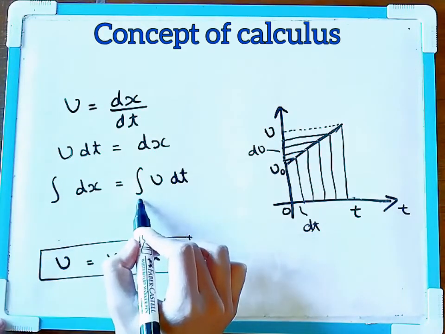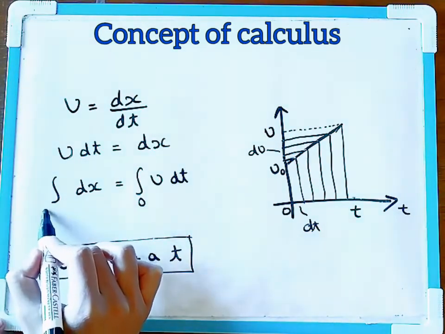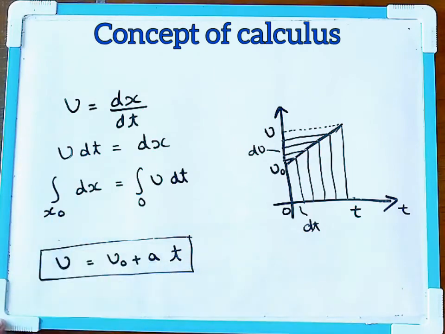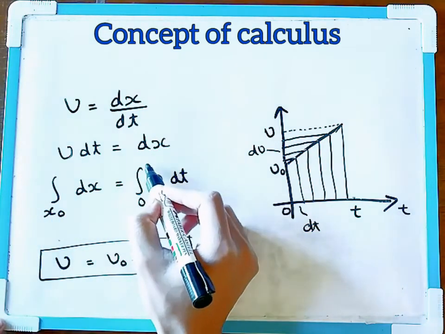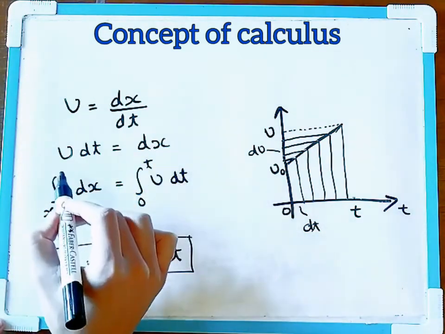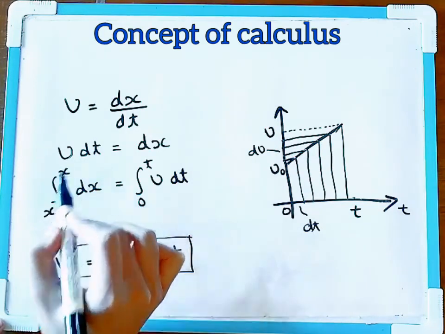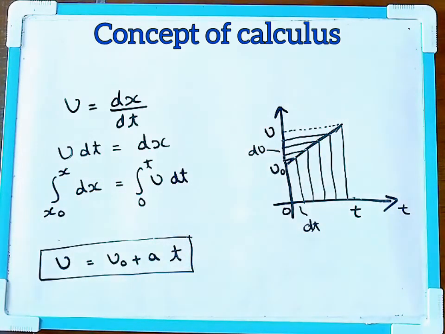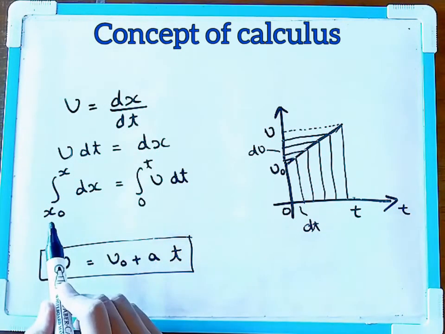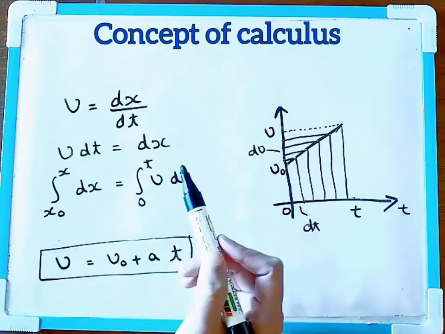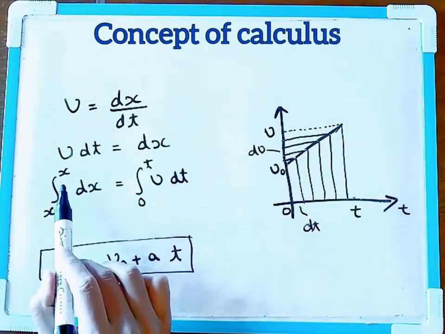Now at t equal to 0, the position is at x0, and at time equal to t, the position is at x. So we'll have to integrate within these limits, x0 to x, and 0 to t. At time equal to 0, the initial position is x naught. At some interval of time t, the position is x.